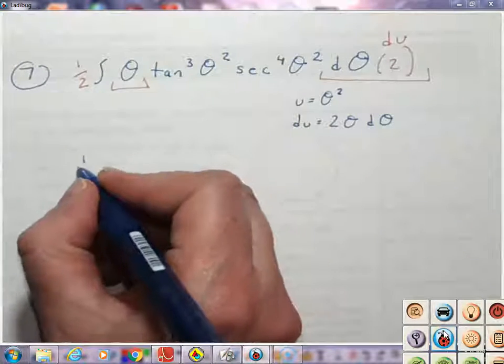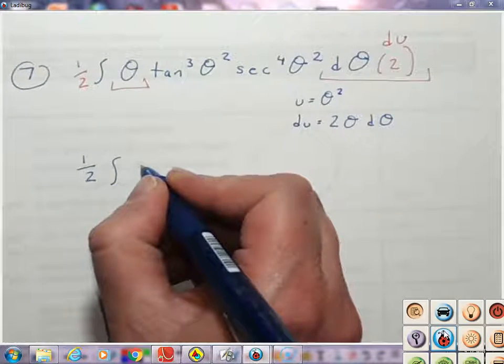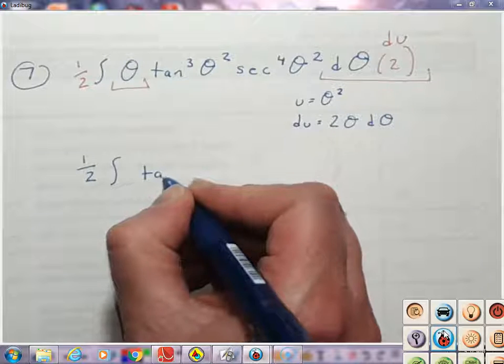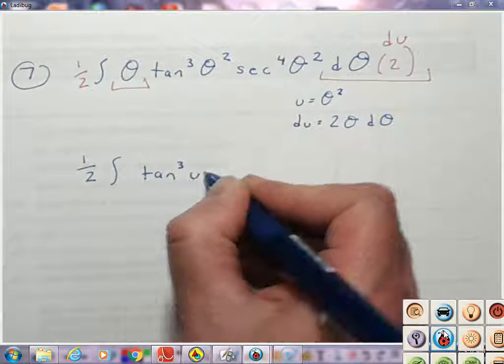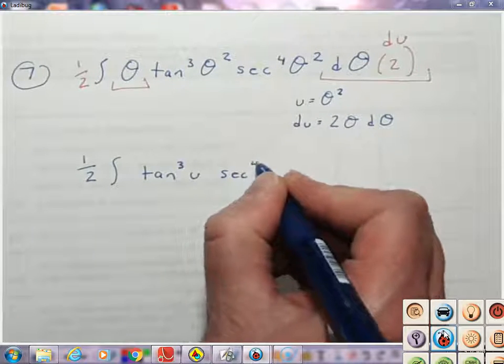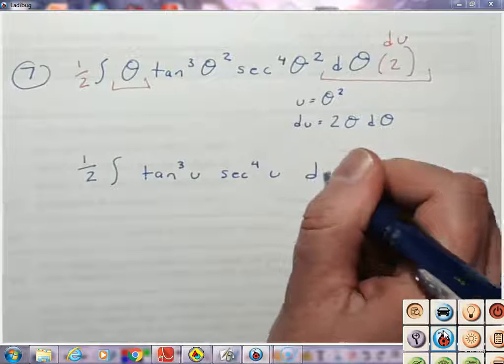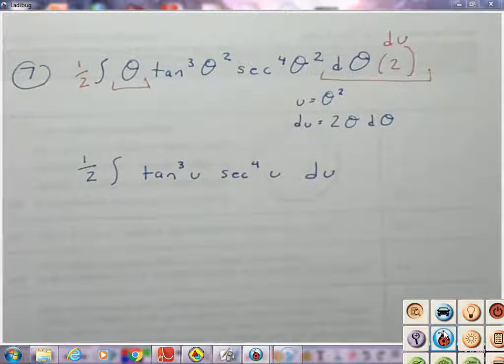So I'm going to have 1/2 tangent cubed u secant to the 4th u du. I'm just trying to get rid of the confusion from the theta squared, because it's clearly not just a theta. Now, what was one of the techniques they said if you've got a bunch of tangents and secants?